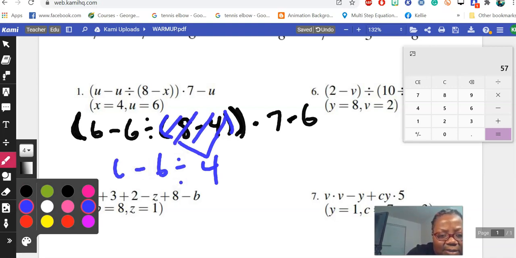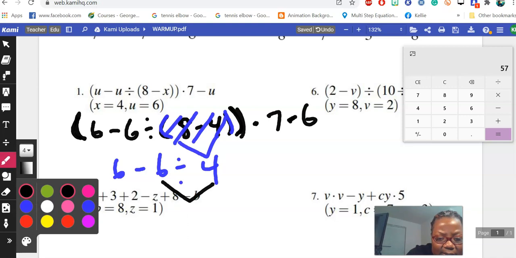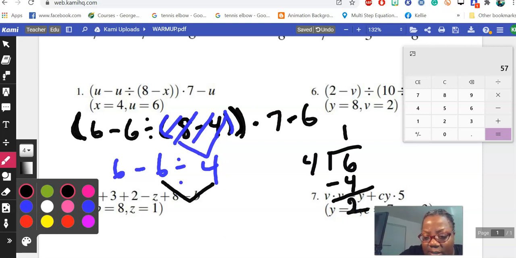We have this. Okay, now, order of operations says that we are going to do this next. Now, 6 divided by 4, you know, we're supposed to do it by hand. If we do it by hand, well, I can show you. 4 divided by 6, right? You know it's only going to go in one time. 6 minus 4 is 2.